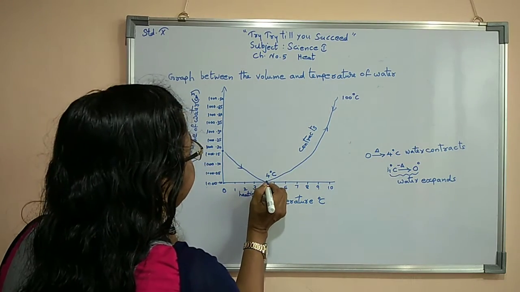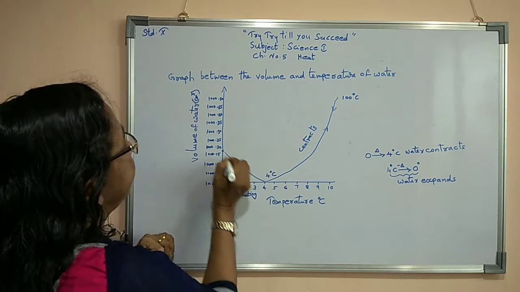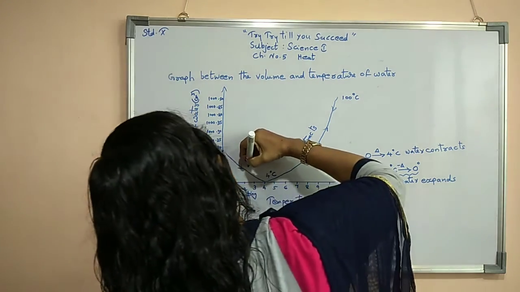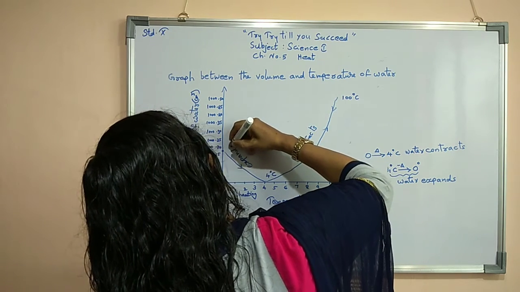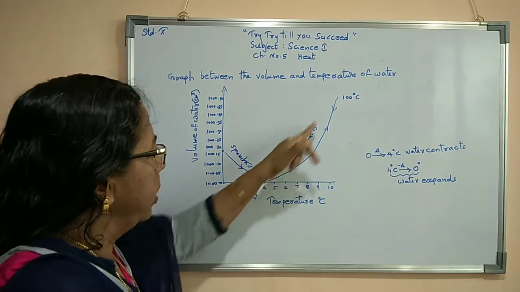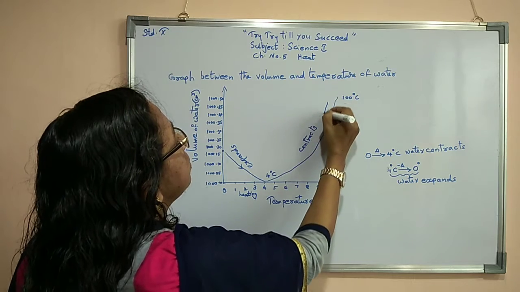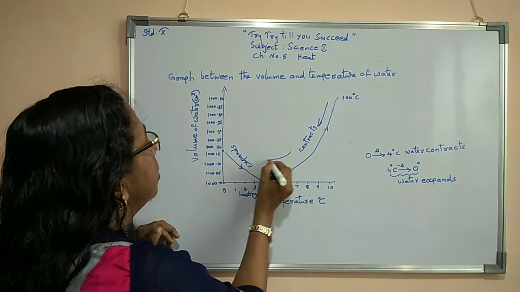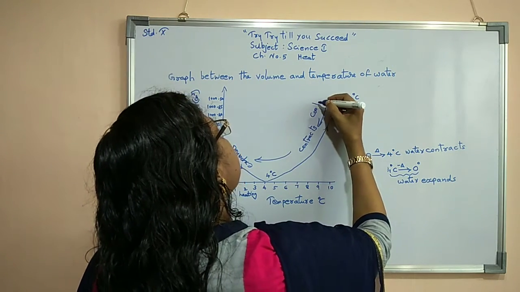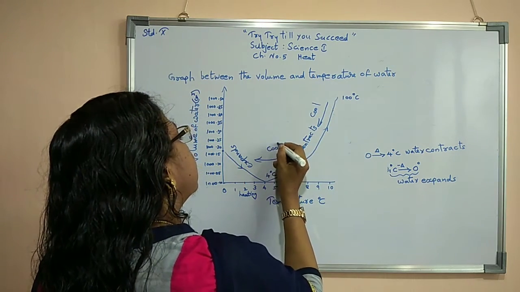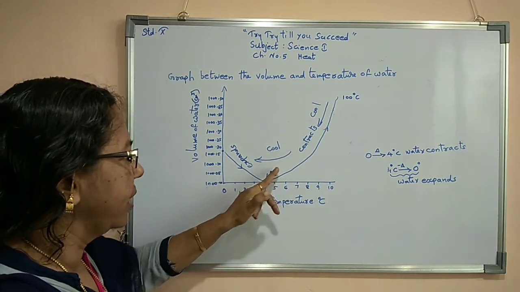But once it reaches 4 degrees Celsius, if we are cooling it again, water expands. When we cool, now we are doing the cooling process, arrow I am showing this way. So from 100 to 4 degrees Celsius, water contracts.